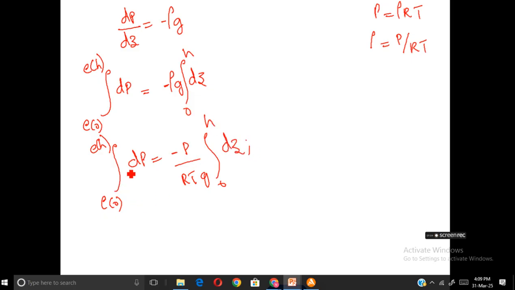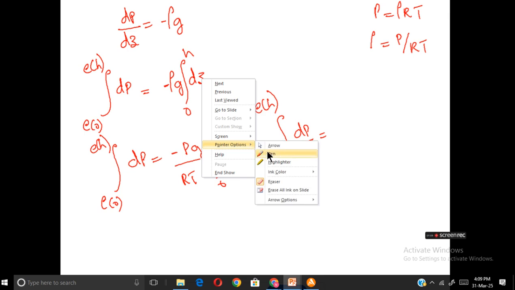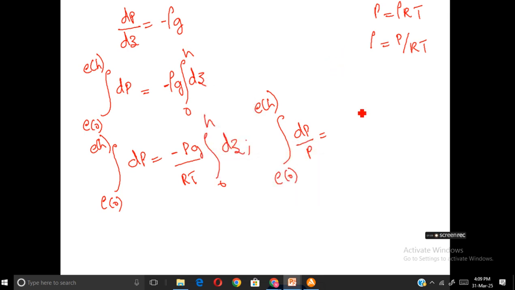If we take the P to this side, it will become integral E of 0 to E of h dP by P is equal to integral 0 to h minus g by RT into dz.